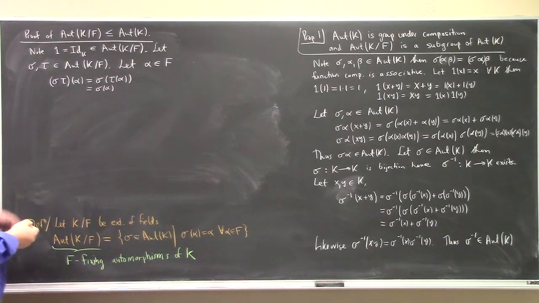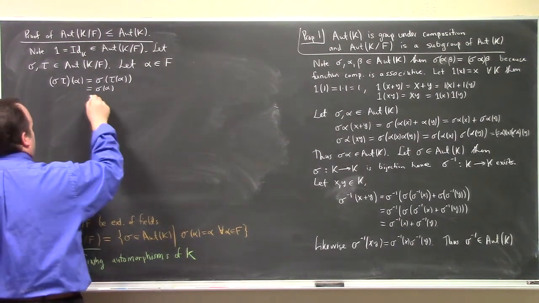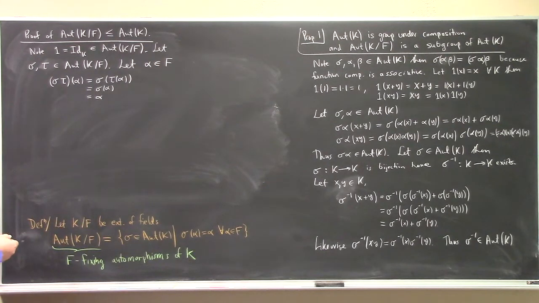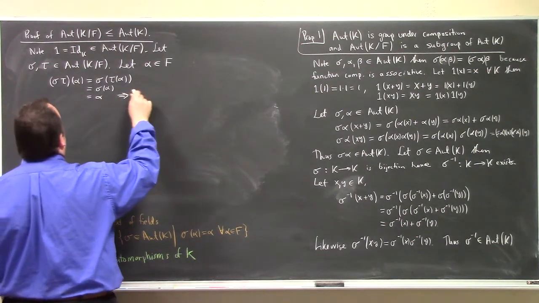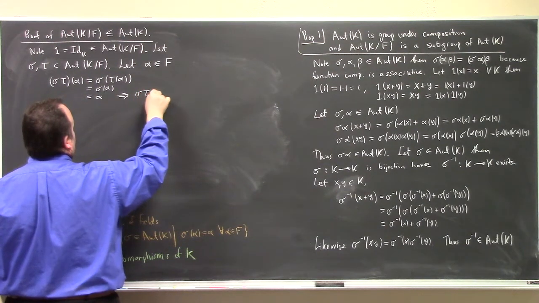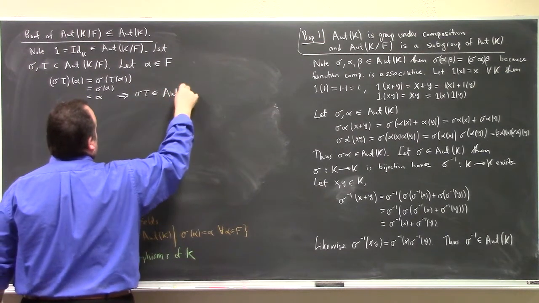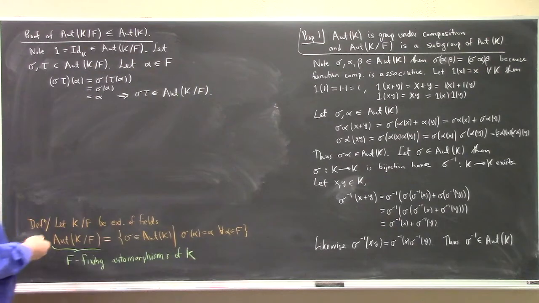Because, again, tau is an F-fixing automorphism. So tau fixes alpha. And what does sigma do? Well, it fixes alpha, right? So what does the composite of sigma and tau do? It fixes alpha, right? And since alpha is arbitrary, that implies that sigma tau is an F-fixing automorphism of K, right?